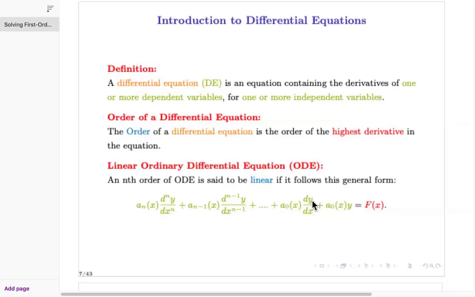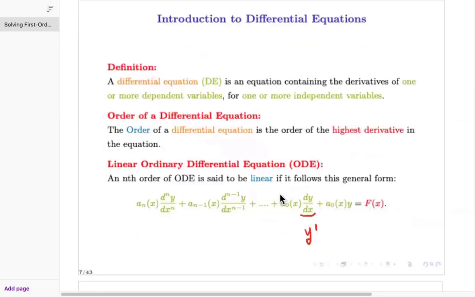Before we define linearity, it's important to note that we can express derivatives in different notation. For example, we can write the derivative of y with respect to x as either dy over dx or y prime. An nth order ordinary differential equation is said to be linear if it follows this general form.